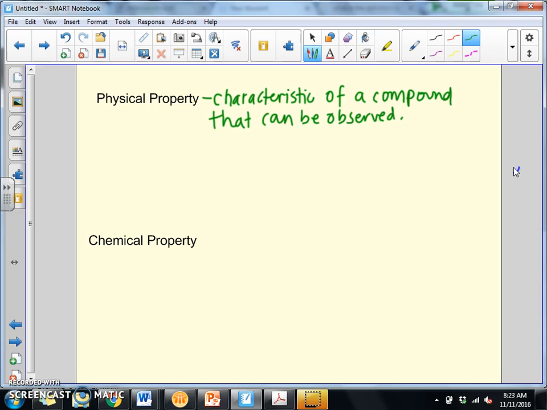So examples of physical properties can be color, taste, size, what it smells like, all of those sorts of things.